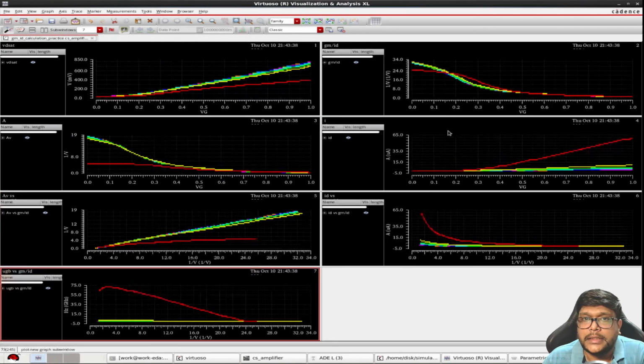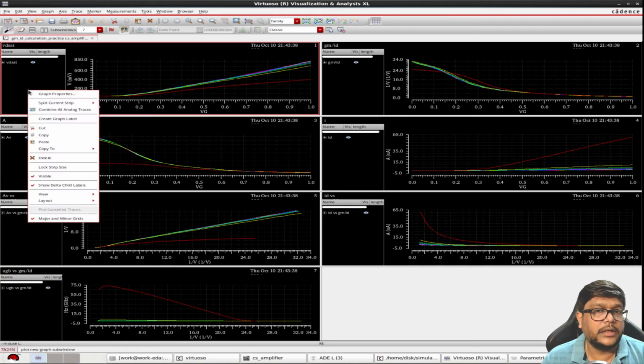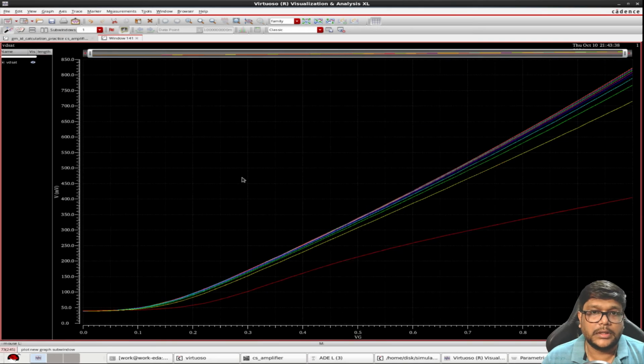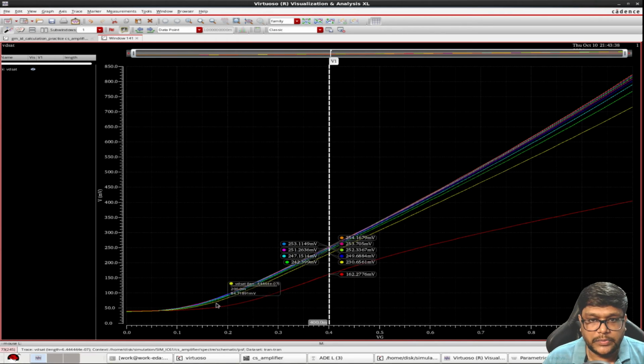So for different VG values, you can find the GM by ID. VD set is important, so let me check. Our VD is at 400 millivolt, so whatever VD set is below that is fine.